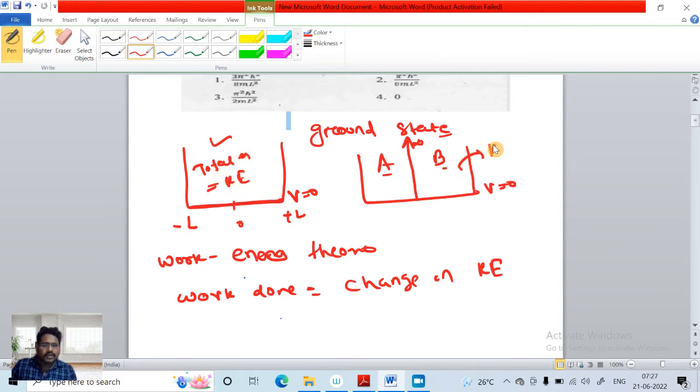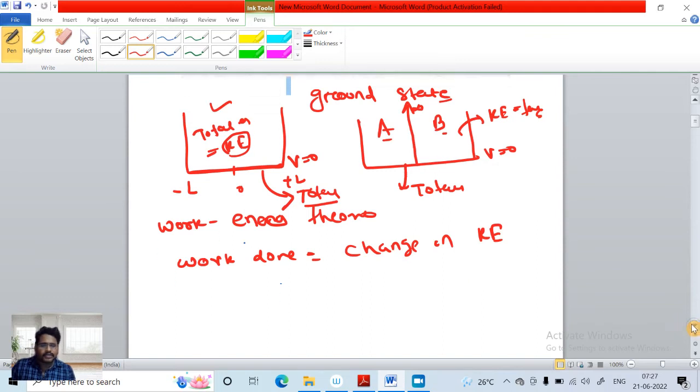Here also the total energy is the kinetic energy. That means you have to find the change in total energy. Then you find the total energy of this system and also of this system, take the difference between these two total energies, and you can find the work done.